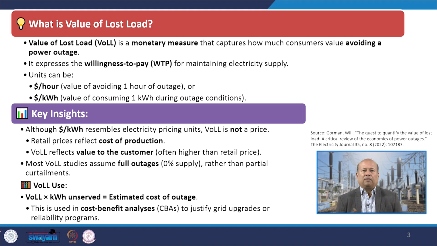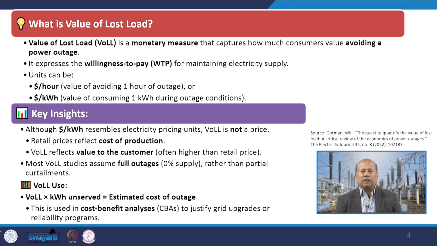Means if that outage would not have been faced by a consumer, then how much value would that person have added? Or the reverse: because there is an outage, how much monetary value have we actually lost?